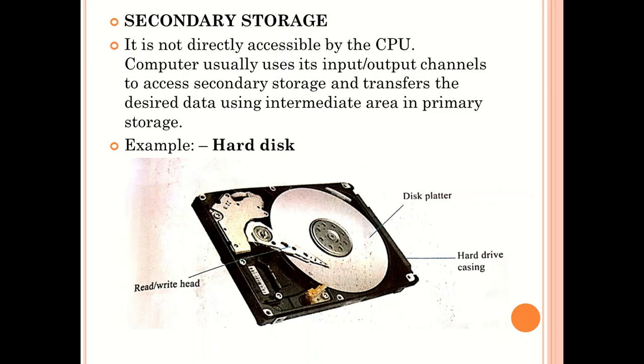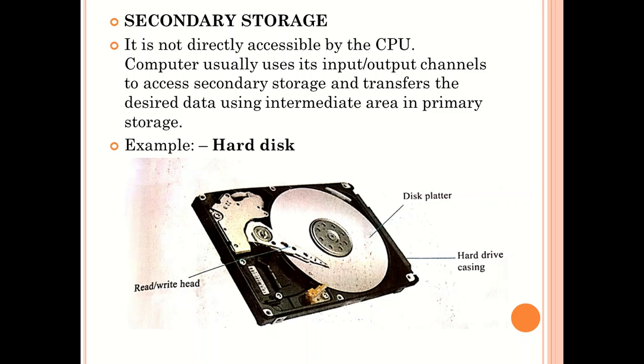So in order for the data that has been stored in the secondary storage to be used, that data must be brought into the primary storage. It's not possible for the data to be processed while it is in the secondary storage. That data must be loaded into the primary storage.